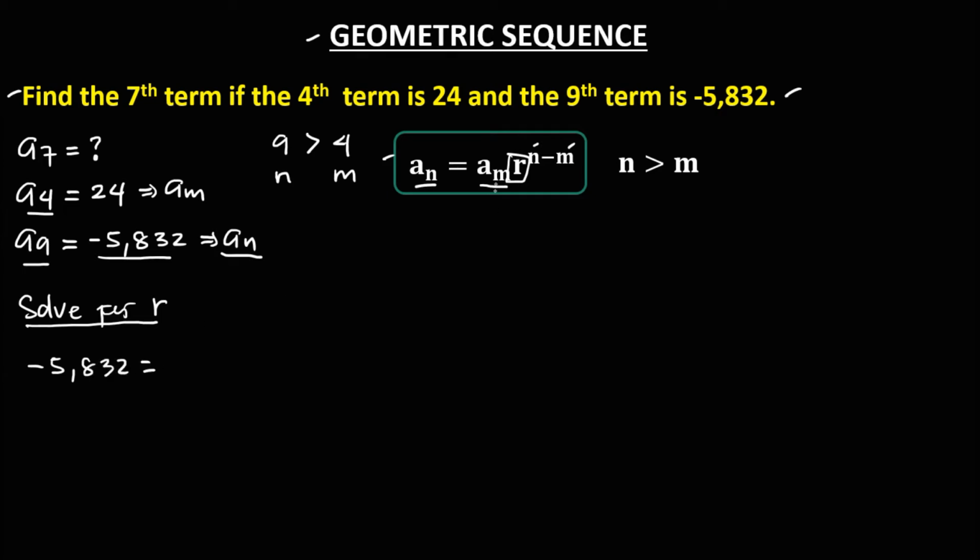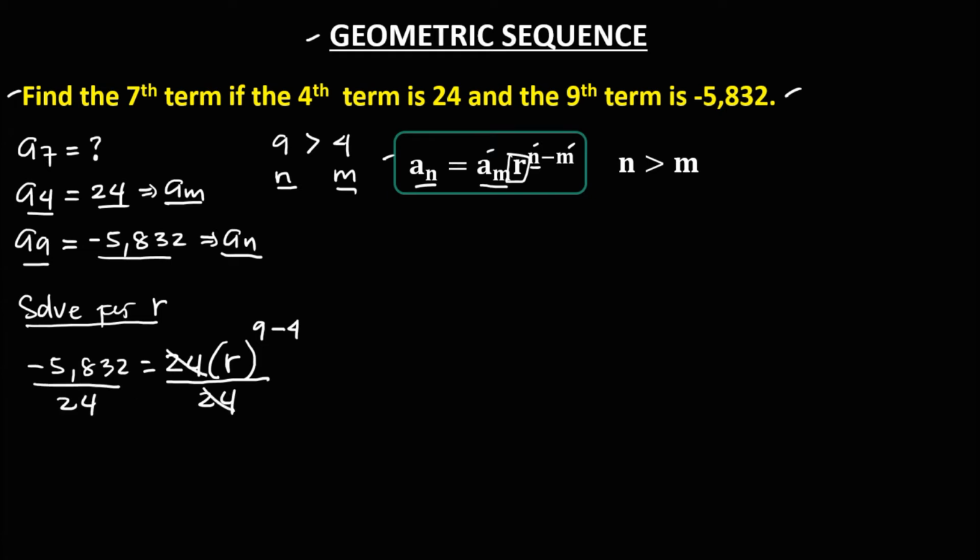We have a sub n, that's negative 5,832, equals a sub m, that's 24, times r, the unknown, to the power n, where n is equal to 9, minus m, where m is equal to 4. To solve for r, we need to divide both sides by positive 24.